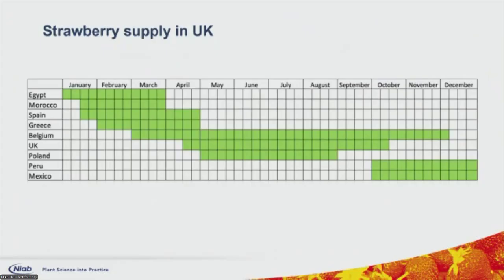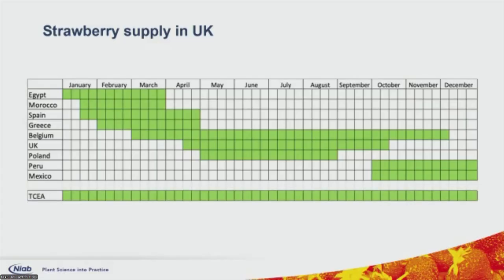Personally, I cannot really taste strawberries that are imported during winter months. I don't know about yourself, but I would prefer to have local UK-bred strawberries, ideally grown throughout the year. And we could do that using vertical farming and TCA, but we are miles away from doing so because of energy cost, to begin with.